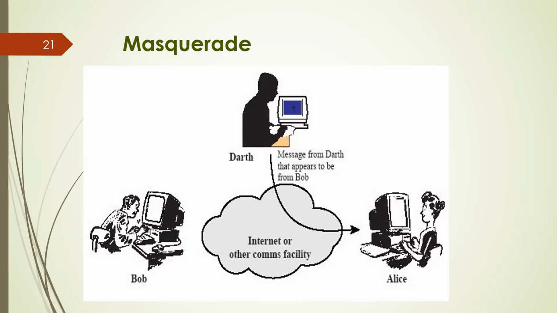So that's what Drath does. They act as a masquerade, and before you know it, you find Alice making double payments or payments to people she doesn't know, because Drath has taken over the role of Bob and is masquerading.